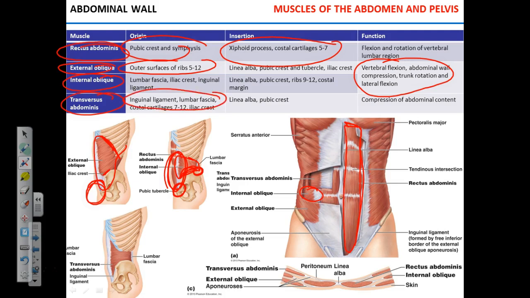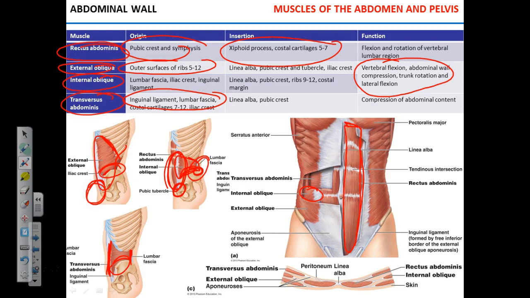It originates at the lumbar fascia, which means the back. You can't see it because it's deep, okay? And it has insertion at the linea alba, or rectus sheath, call it whatever you want, and pubic crest. So they all pretty much, oblique and transverse muscles, insert into the rectus sheath and the pubic crest. And they originate at the iliocrest and some of them in the lumbar fascia.